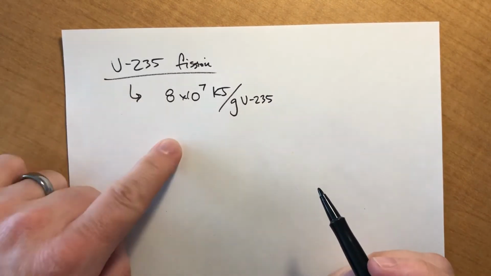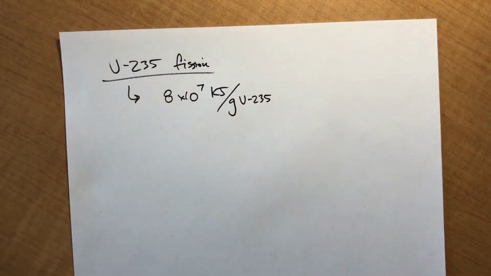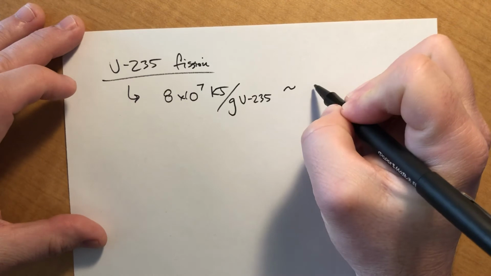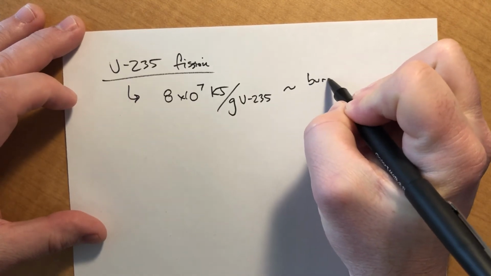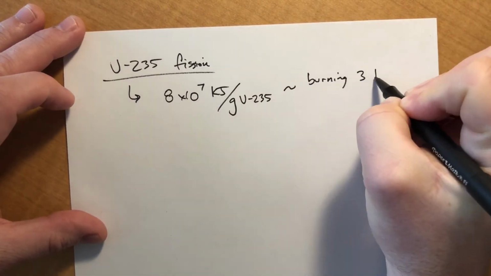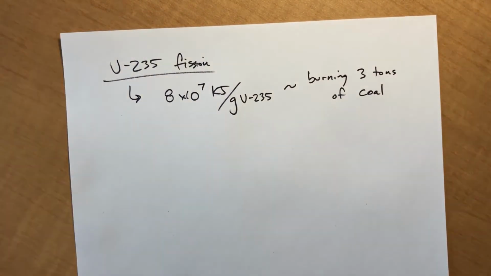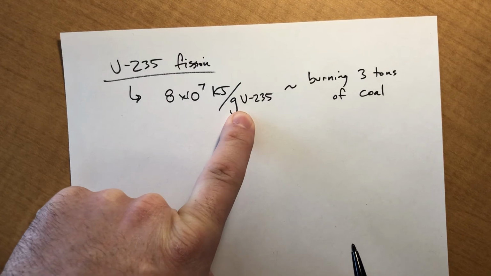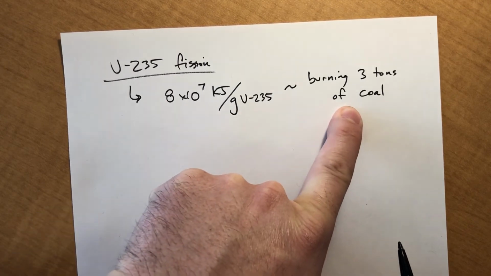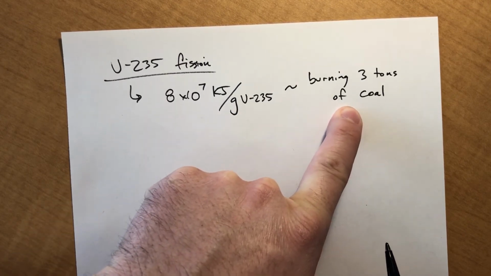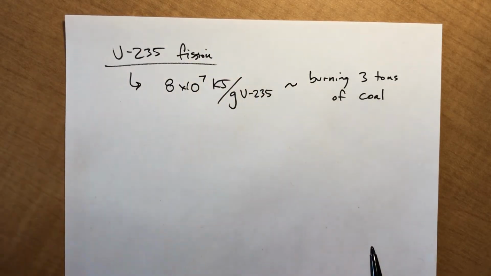At first glance, you're like, I don't know, is that a lot? This is about the equivalent of burning 3 tons of coal. So every gram of uranium releases the same amount of energy as 3 tons of coal being burned. This is a ridiculous amount of energy.